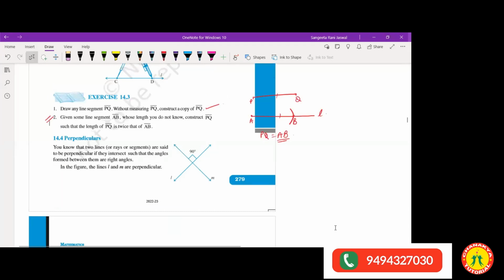Soumya, done your work? Advika, are you trying in your notebook? Advika doesn't have the instruments. Yes, ma'am. So you are enjoying the class without the things, no? No, ma'am.